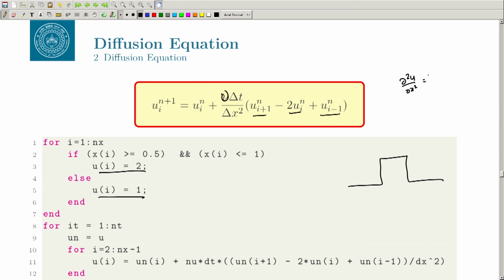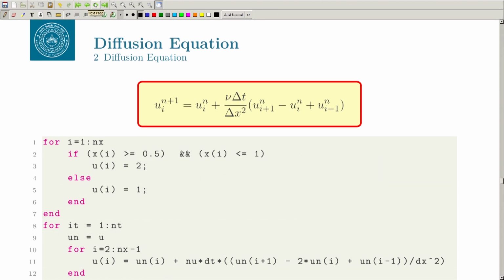So, this will be u I plus 1 minus 2 u I plus u I minus 1 by delta x square. This is the double derivative, and we derived in the last class the discretization scheme for the double derivative, right. That is what we have used there, and you can see nu dt, u n I plus 1, u n I and u n I minus 1 here by dx square. Okay. So, please go back and write this code in your favorite software or language.